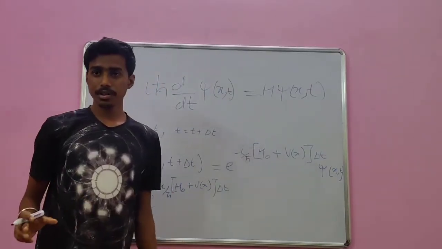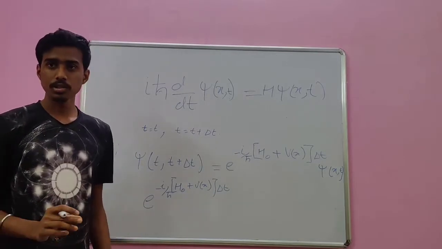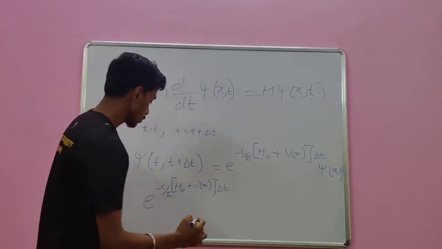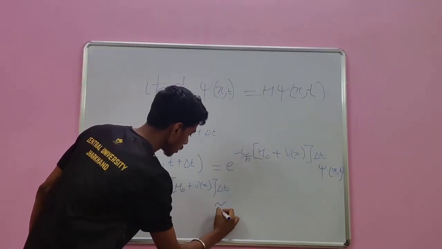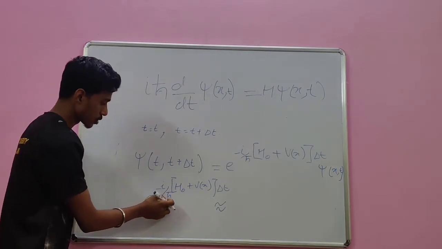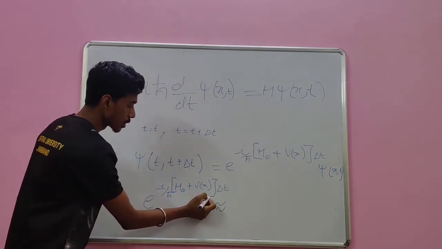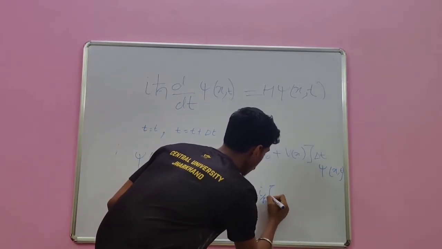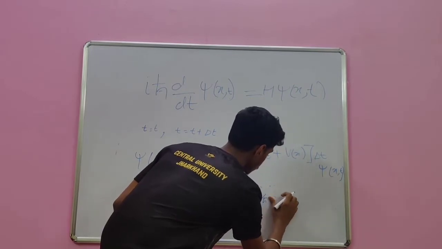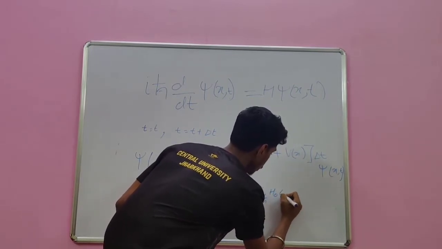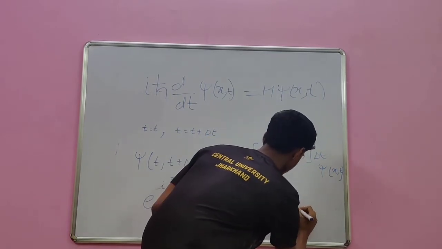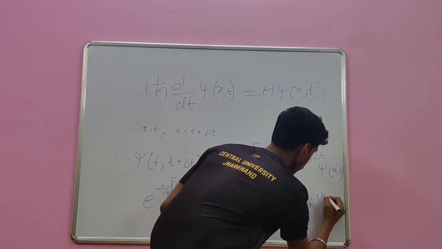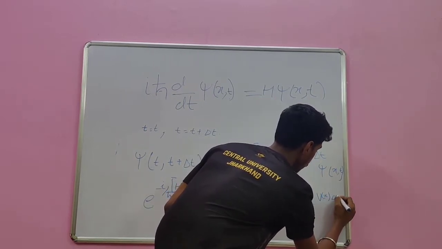There is a very famous decomposition rule called the Suzuki-Trotter decomposition rule, which shows that a term like e to the power minus i by h cross (H naught plus V(x)) delta t can be written as e to the power minus i by h cross H naught delta t into e to the power minus i by h cross V(x) delta t.